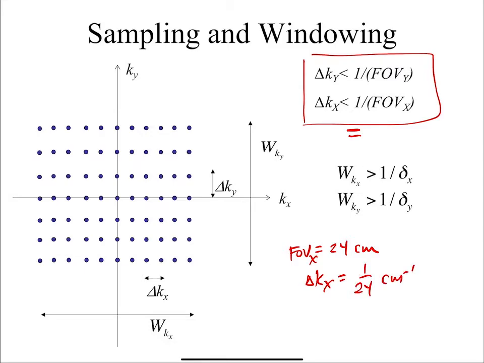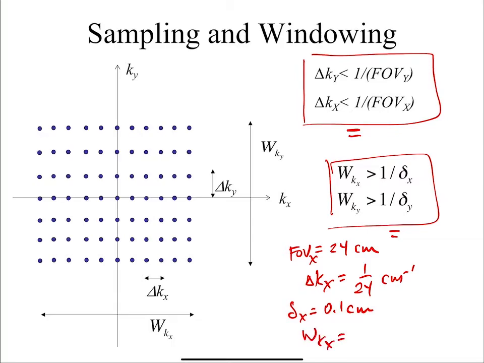It's fairly simple. And same thing with the WKs, we can just set those equal. So let's say the resolution I desire is 0.1 centimeters or 1 millimeter. Then I know my WKX is just 10 inverse centimeters. So fairly straightforward, but that's what you'll be using.